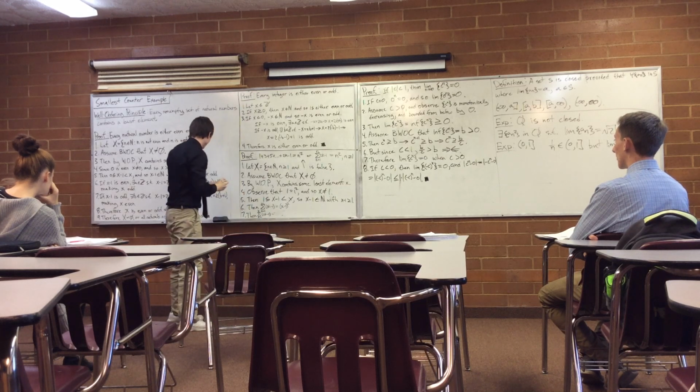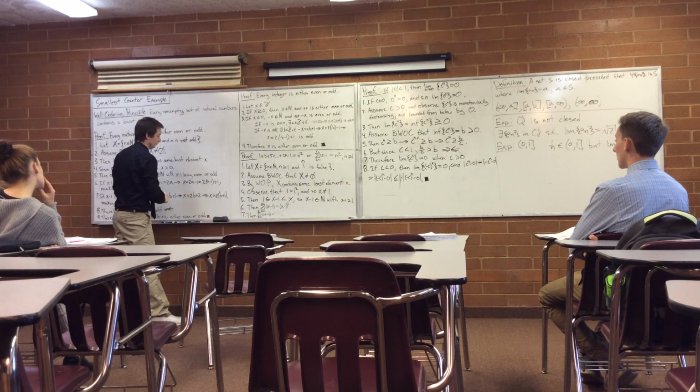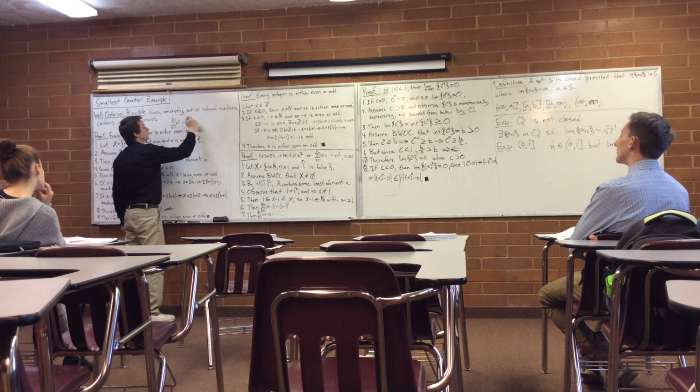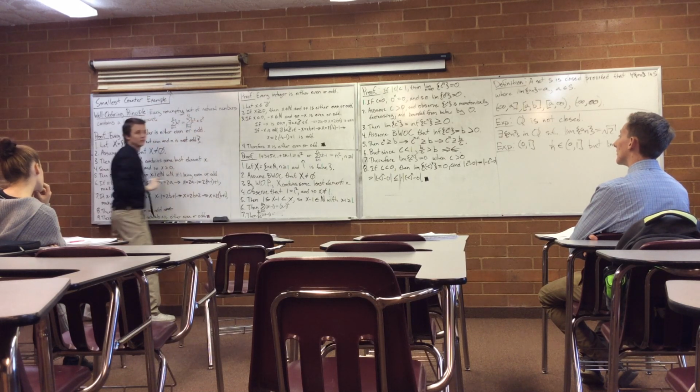Maybe I'll do a side note so that I don't lose you guys on this. If I want to do the sum from k equals 1 to 5 of, say, k squared, then another way I could rewrite this is the sum from k equals 1 to 4 of k squared plus 5 squared.